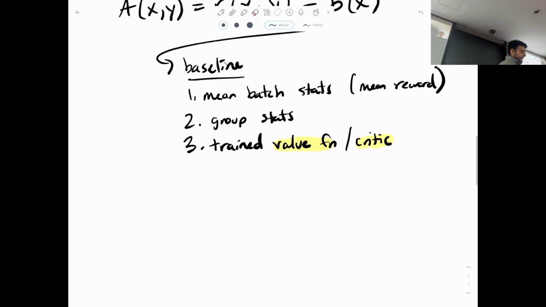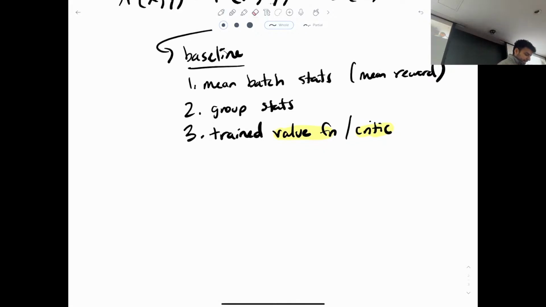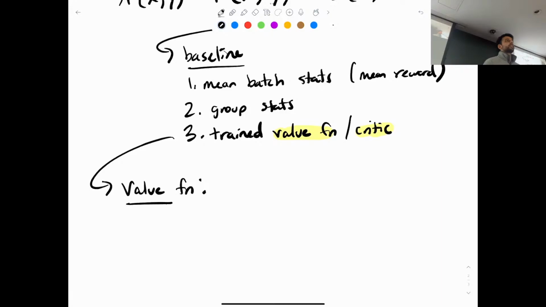So let me just write out some properties of this. We're not going to talk too much about this in detail or the actual training algorithm for this, which is called generalized advantage estimation, just because it's complicated. It's not really clear if it's worth spending class time, but I will give you some pointers so that if you're interested, you can study this further.